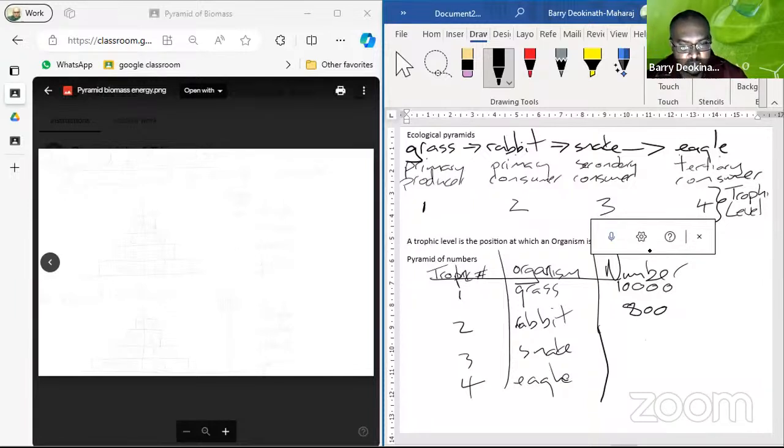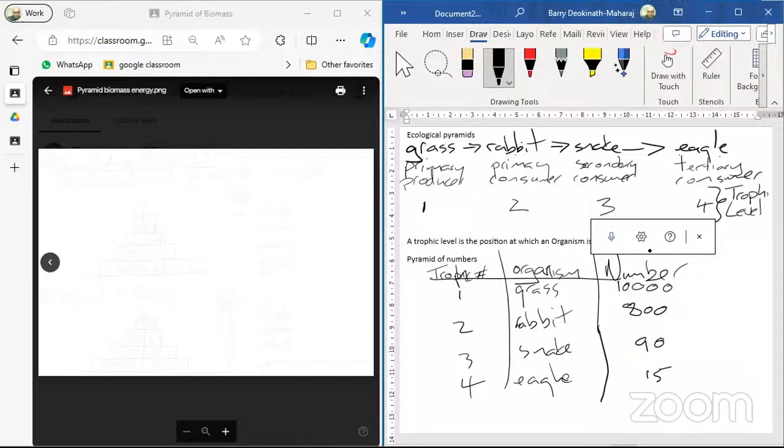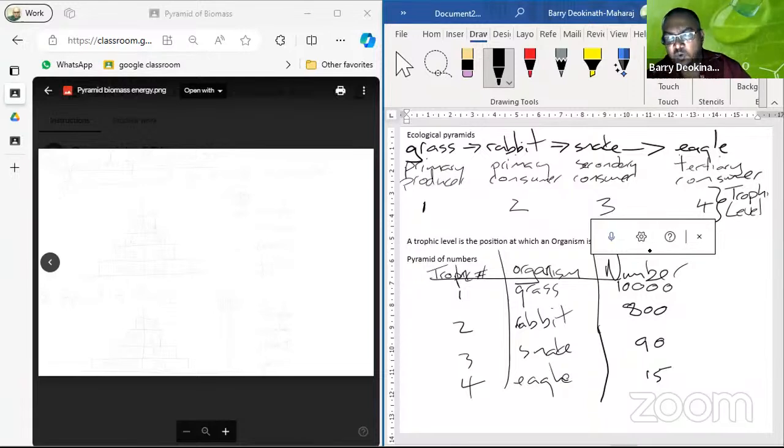Snakes, about 90. Do we expect the numbers to increase or decrease for these types of organisms? It could increase and decrease at the same time. It could increase, but typically on an average, would you be able to see more eagles than grass or more eagles than rabbits in an ecosystem when you think about it?